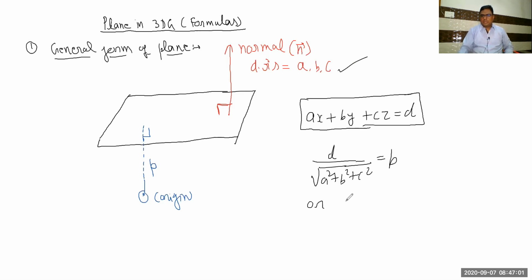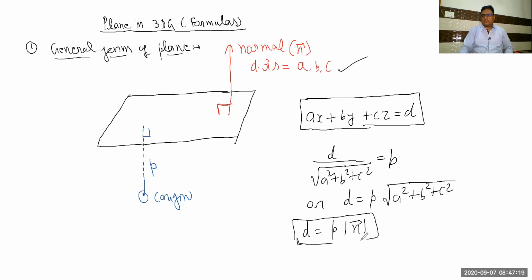Or I can say that D is equal to p into square root of a square plus b square plus c square. Or we can say that D is equal to small p into magnitude of n vector. So D is actually p times magnitude of n vector.